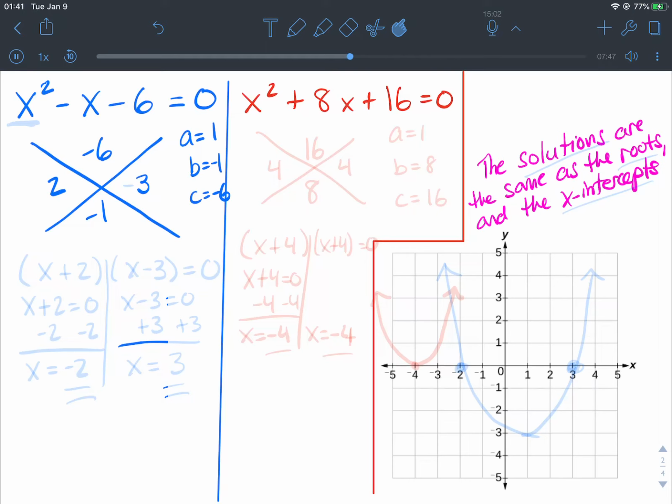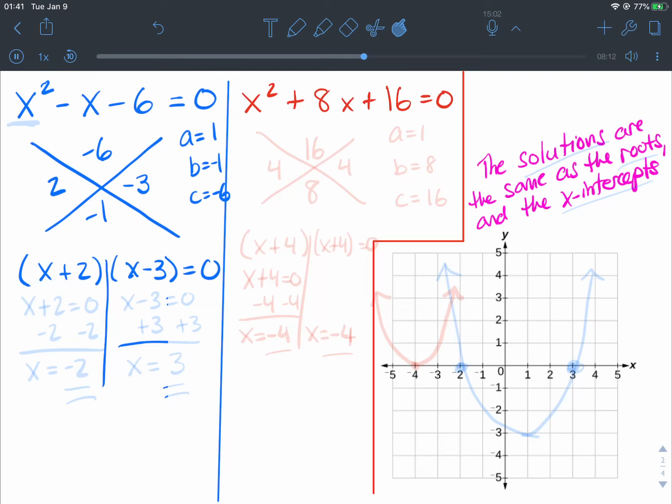Well, one of them has to be negative, and since the bottom number is negative 1, we know the 3 is negative because 2 minus 3 gives us that negative 1. And then 2 times negative 3 gives us the negative 6. So what we could do now is we can write x plus 2 times x minus 3 equals 0.